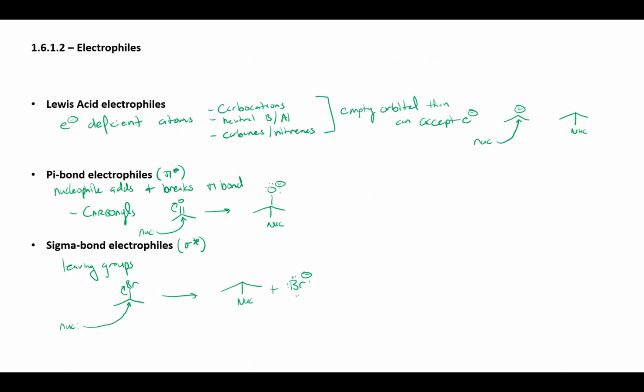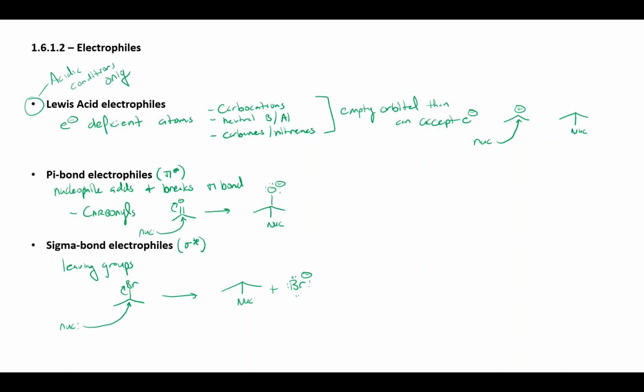Now, one of the things that we're going to look at is under acidic conditions and basic conditions, which types of things can exist, right? For electrophiles, the only real determining factor is that Lewis acid electrophiles can only exist in acidic conditions, right?